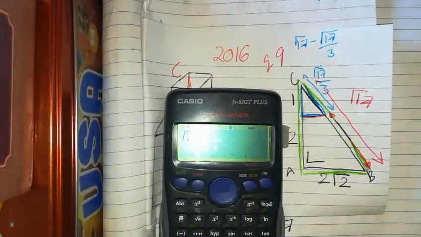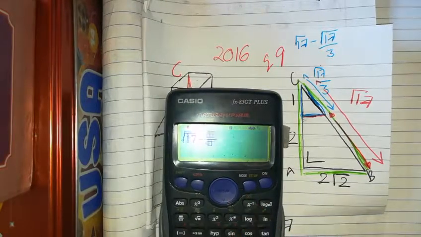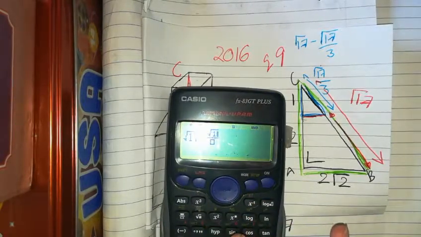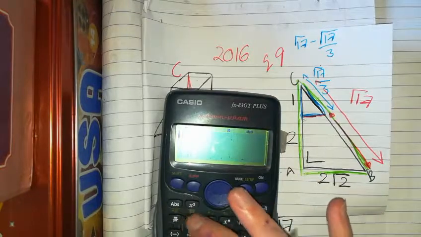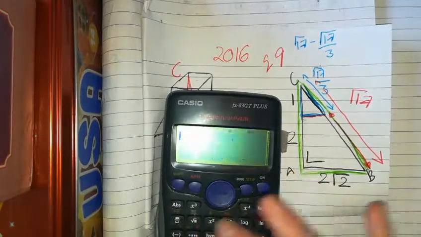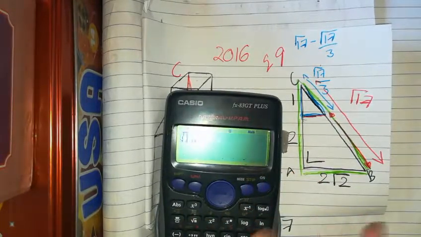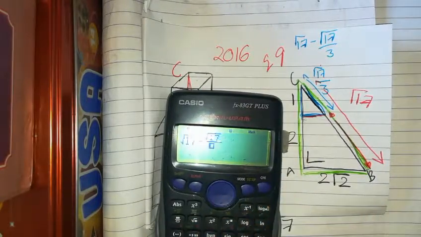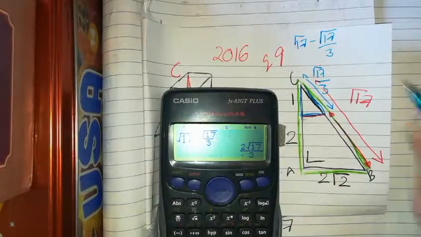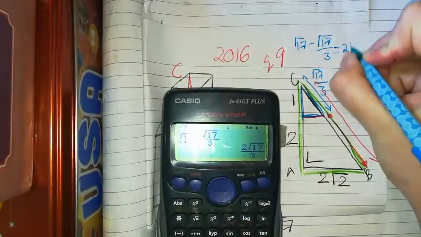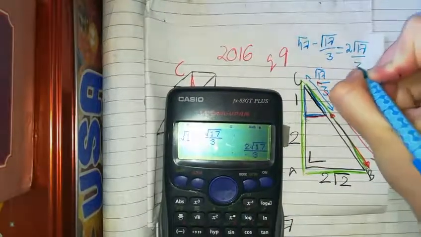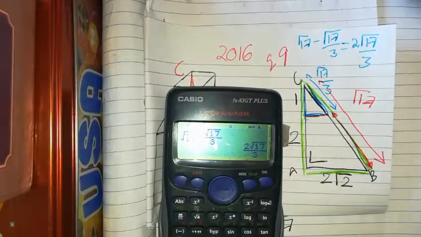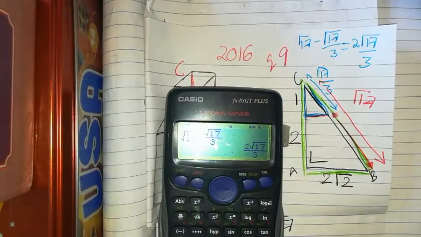I plug in the square root of 17 minus the square root of 17 over 3, and I get 2 root 17 over 3. So that's the length of the part that's inside the larger cube.